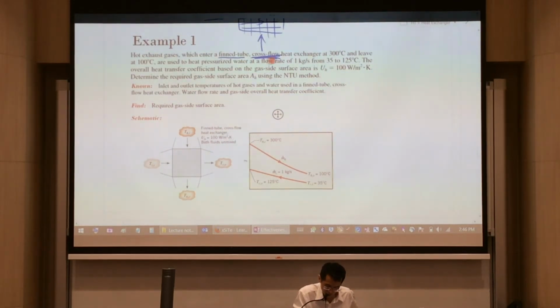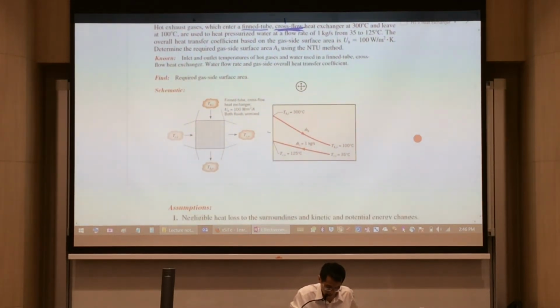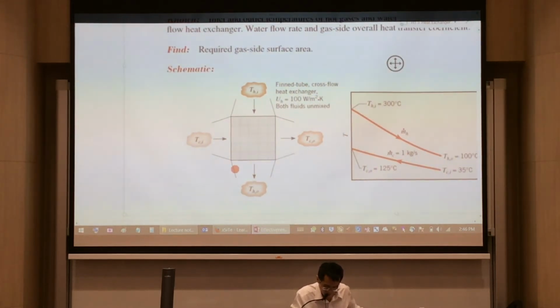So there are those conditions that are given. So I'm going to just fill in using this figure over here. There are those conditions that are labeled, that will be used to label the following figure. Your THI is given to you in the question as 300 degrees Celsius. And you've got to know which one is your hot fluid and which one is your cold fluid.